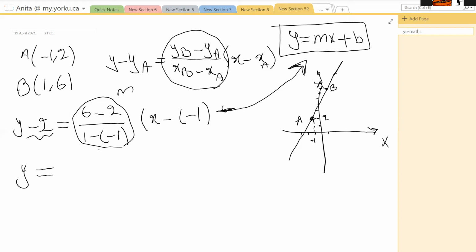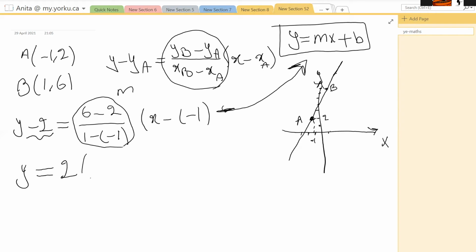It will be 4 over 2, which is 2. Exactly. So you just put 2.